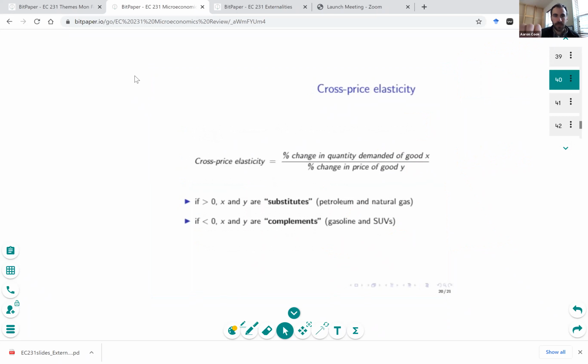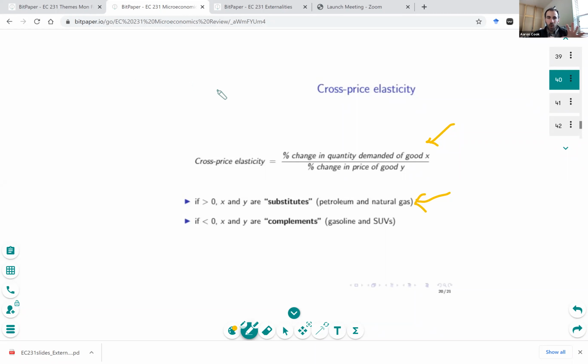There's also something called a cross price elasticity, which is the percentage change in quantity for a particular good divided by the percentage change in price in some other good. So if this cross price elasticity is positive, then we have the goods being substitutes for one another.